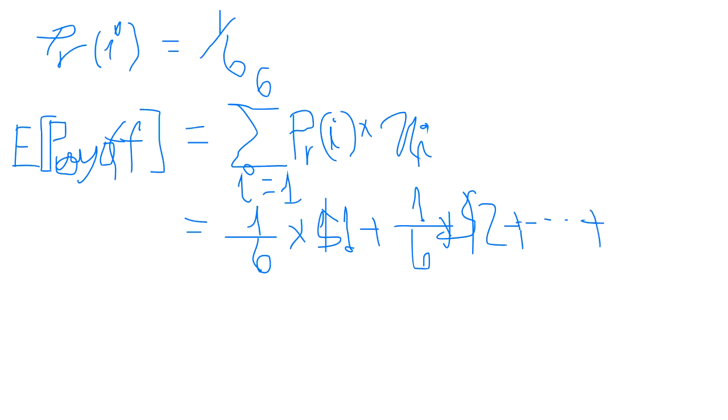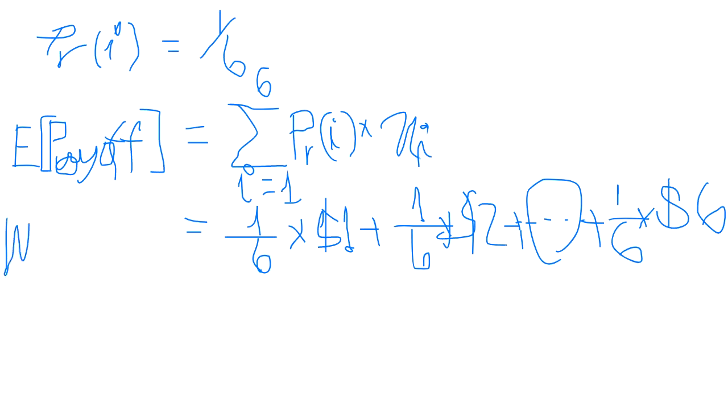And then, so we truncate the middle, right? $3, 1 over 6, and so on, times the last possible number, which is $6, right? So if you do this, what is this? This is the weighted average, isn't that right?